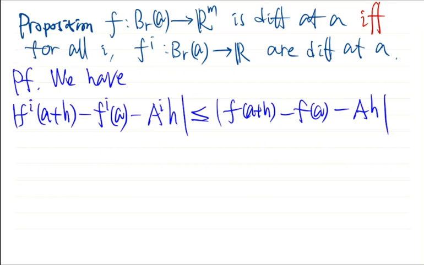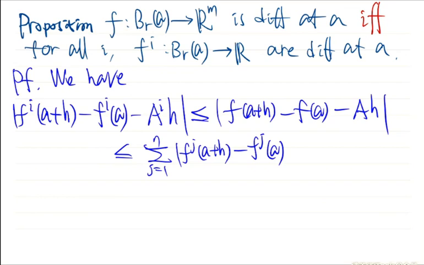So we have this inequality, and then we also have an obvious second inequality. Following these inequalities, we can prove our if and only if.